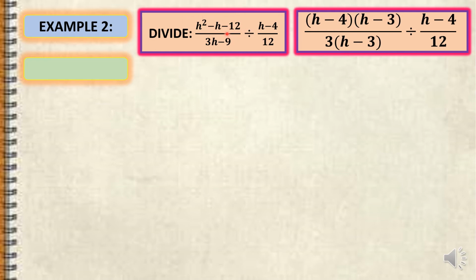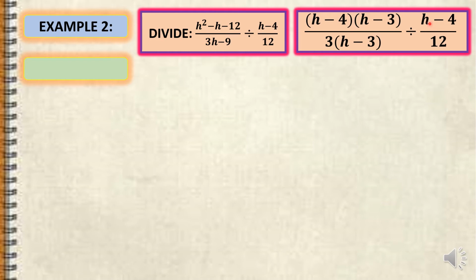And then dito sa ating denominator naman, yung 3h minus 9, by means of common monomial factor, we can factor out 3 here, kasi yung 3 at saka 9, pwede siyang i-factor out yung 3. So you have now 3 times h minus 3. And then ito hindi na siya pwedeng i-simplify by means of factoring, so just copy.